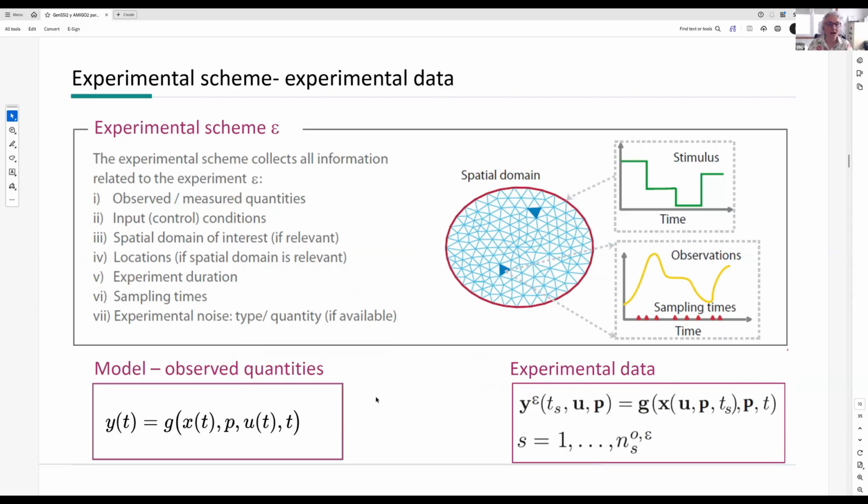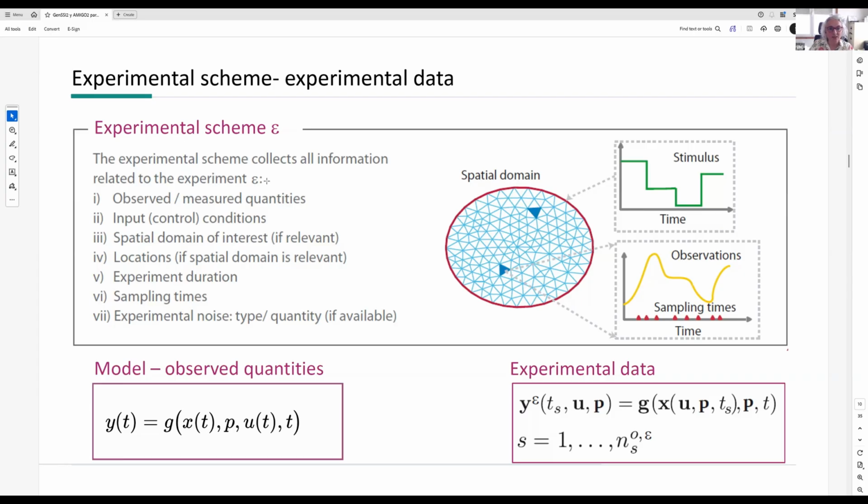So let me explain how experimental data is conceived in GenSSI and in AMIGO2. GenSSI will be worrying a little bit about what is the experimental scheme, but not the data itself. And AMIGO will require the data itself. So that will be a difference between both tools.